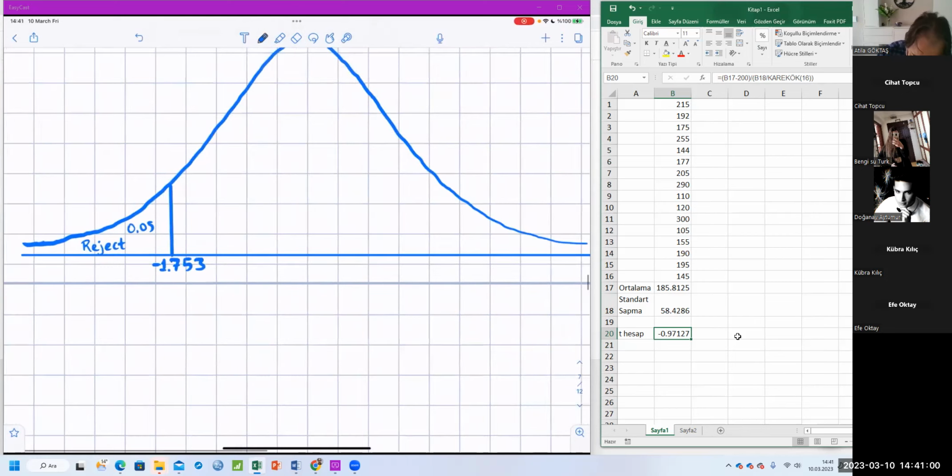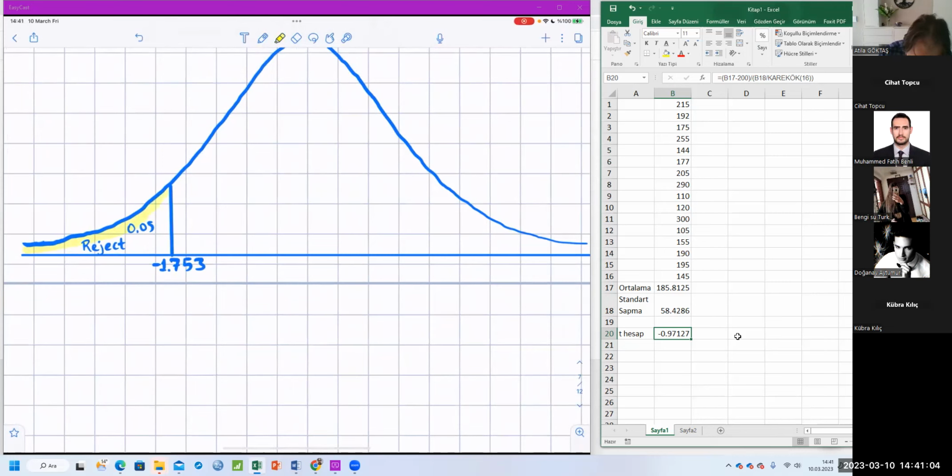So I'm going to highlight it for you. That's the reject area.